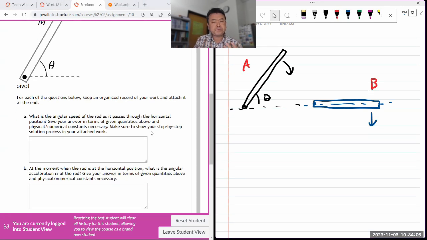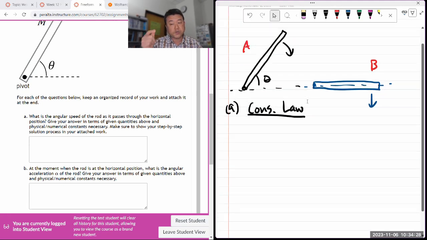I'm thinking that by this time in the class, we've covered quite a few, three or four, problem solving strategies and tools. Of those, the one that I always recommend that you try first is conservation law. Not because it'll always work, but because when it doesn't work, it'll be relatively quick to rule out.